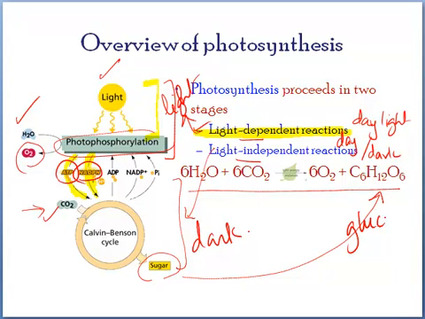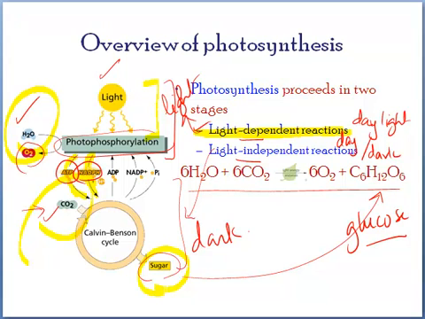For this class, I expect you to know this reaction. 6 water molecules and 6 carbon dioxide molecules will give us 1 molecule of glucose, and notice that oxygen comes out as a waste. This is actually the opposite of the reaction we did previously, which was respiration.